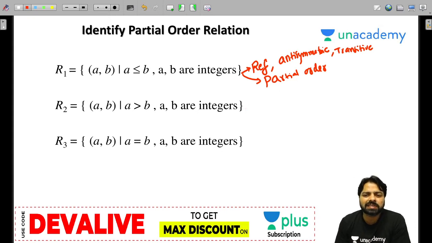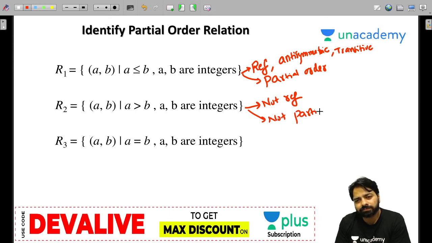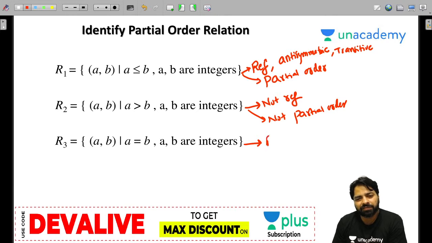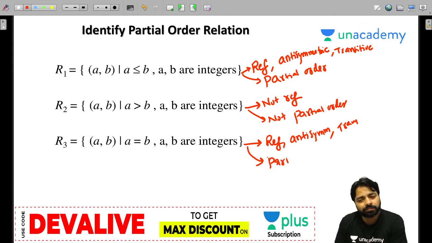And here reflexive fails. So definitely not partial order. And this one is reflexive and antisymmetric because of diagonals. Only diagonals are there, and transitive. So it is also partial order.